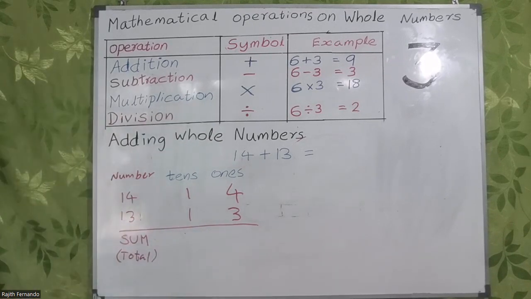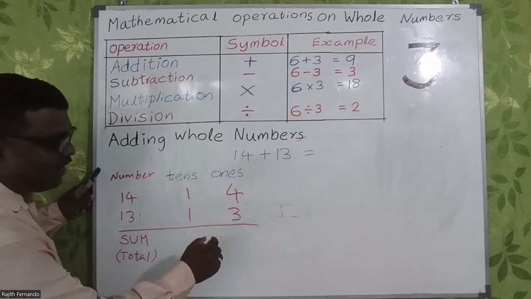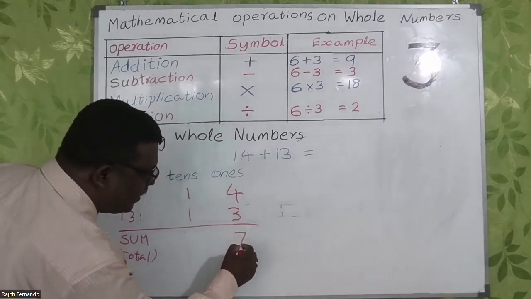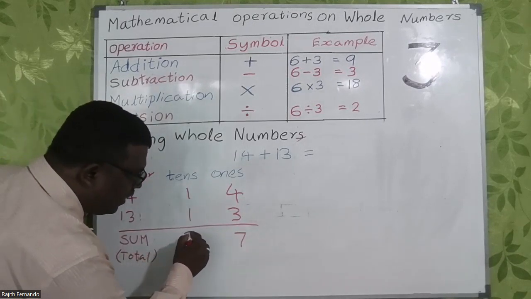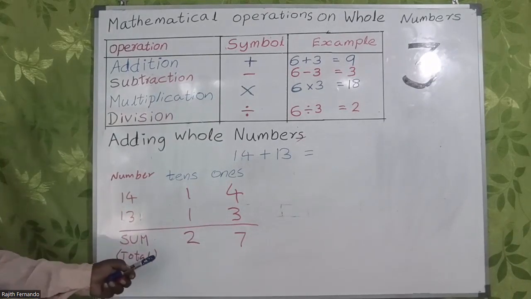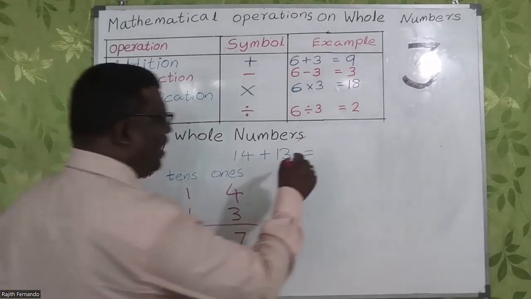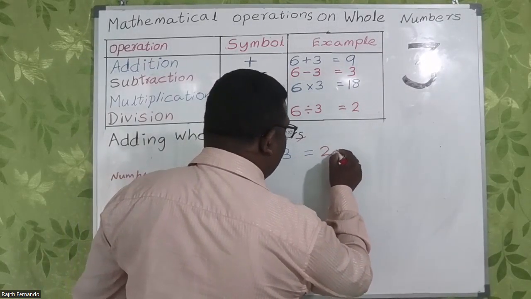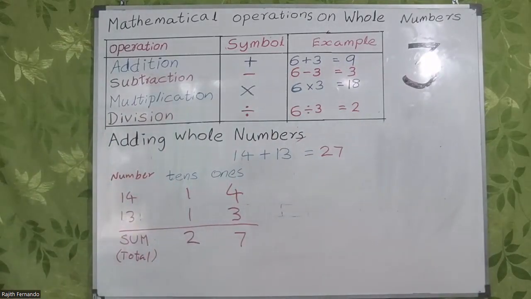That is 4 and 3 is 7, and 1 and 1 is 2. Then you can get the answer directly, that is 27. Okay, write down this method also.